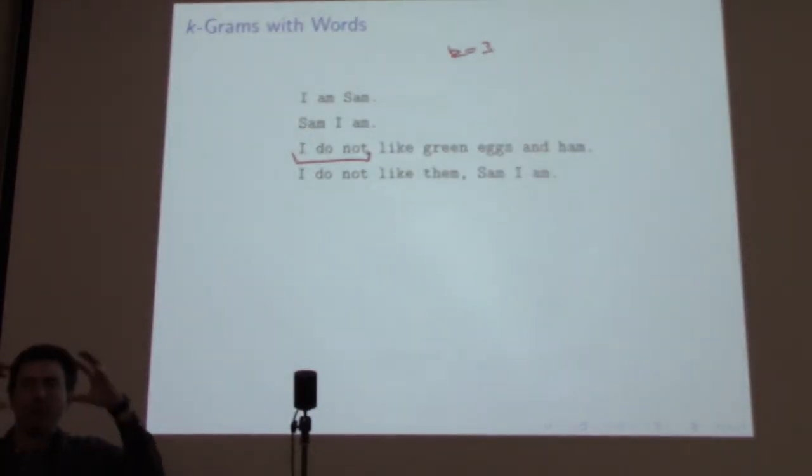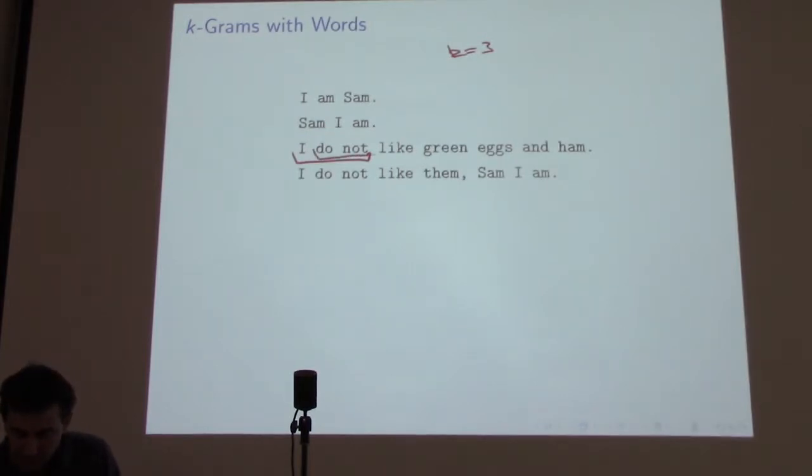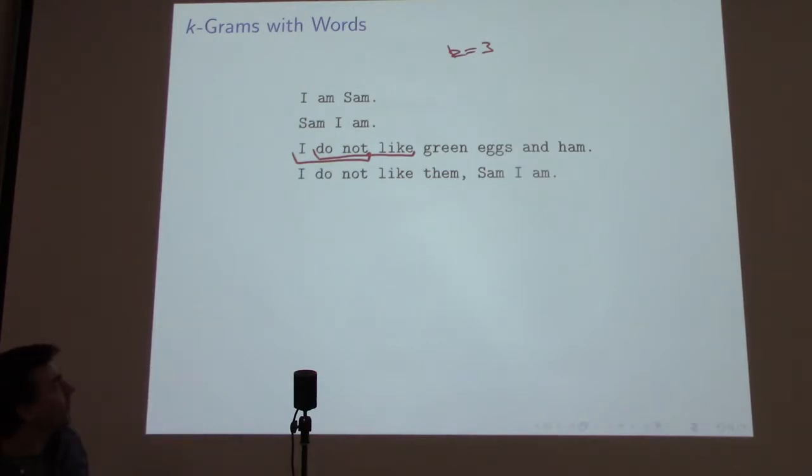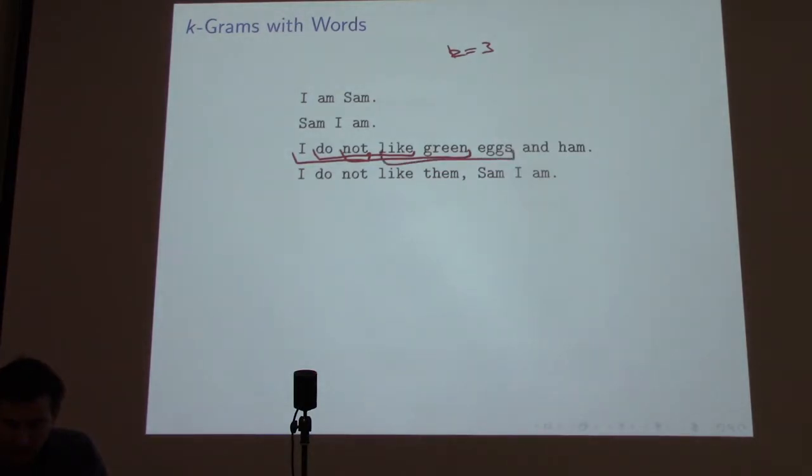But I'm going to overlap these, and so it's sometimes called shingling, like shingles on a roof, where the next one would be "do not like". The "do not" will be in both, and then I'll have "not like green", and "like green eggs", and "green eggs and", and "eggs and ham". So for this document, those would be this set of the 5 different K-grams here.